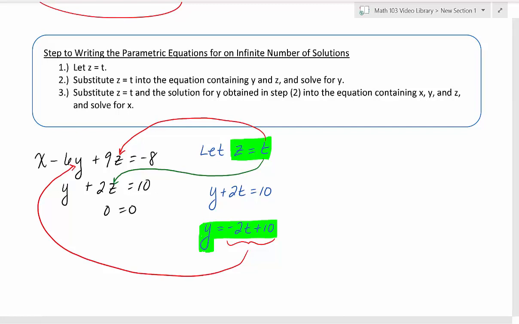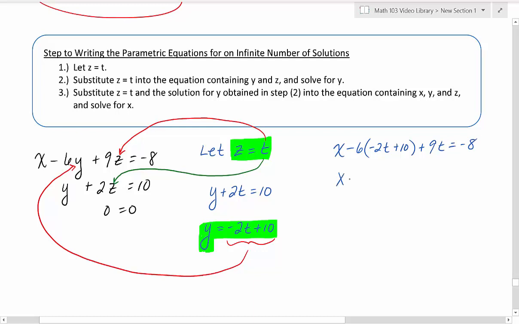Now, since y is equal to a binomial, be sure to put that in parentheses when you substitute it in. We're going to have x minus 6 times this whole thing, negative 2t plus 10, plus 9 times t equals negative 8, and we'll solve for x.